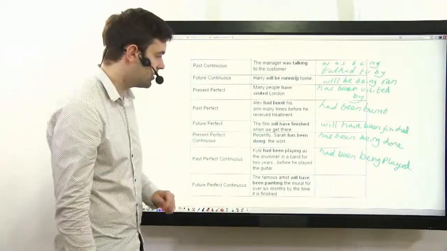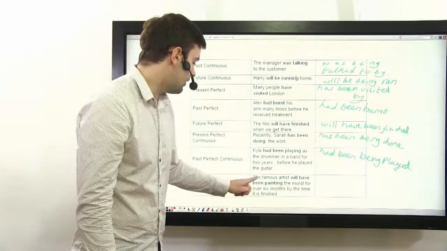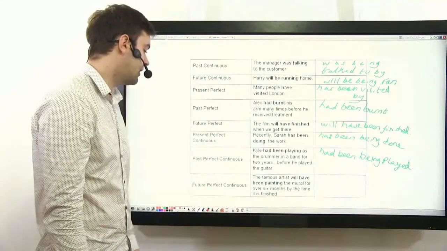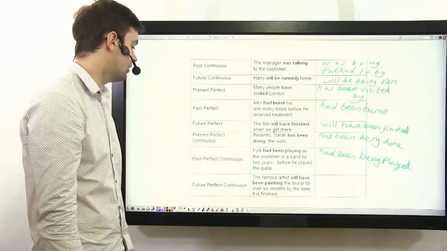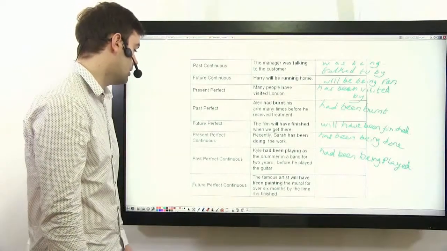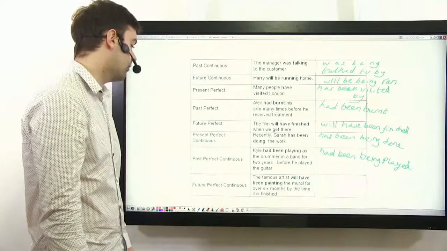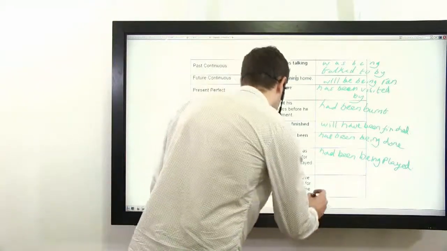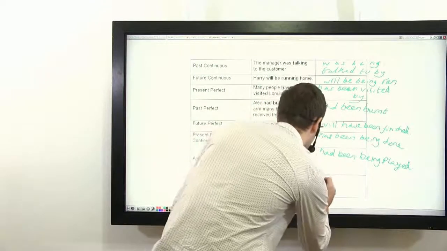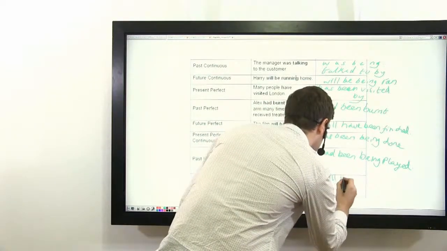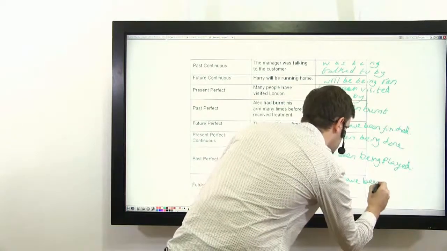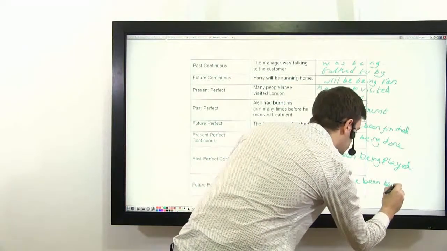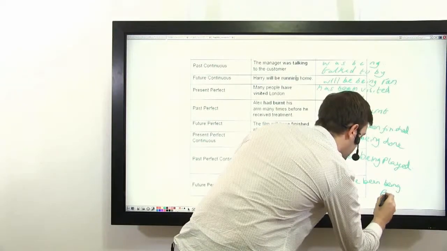Future perfect continuous. The famous artist will have been painting the mural for over 6 months by the time it is finished. By the time it is finished, will have been being painted.